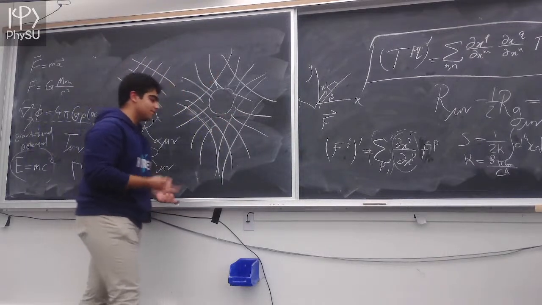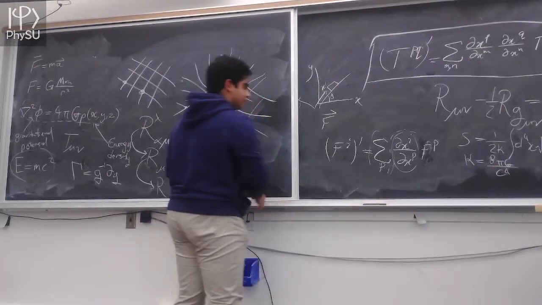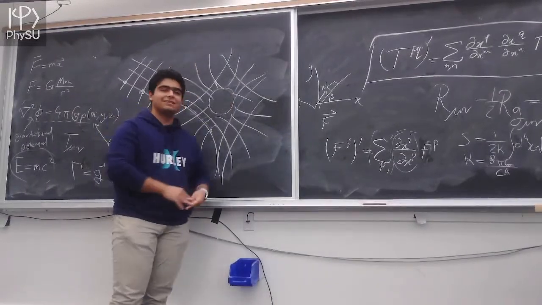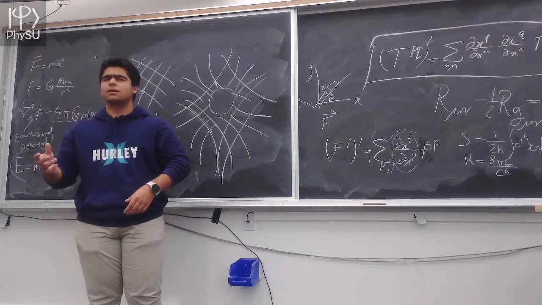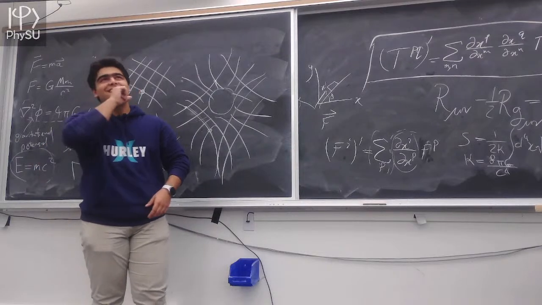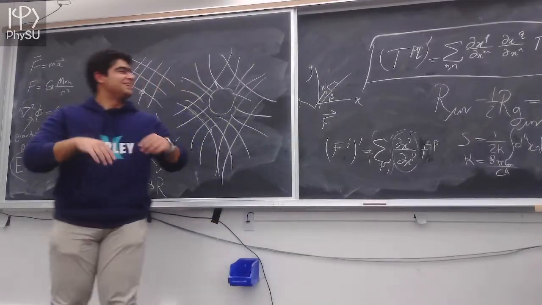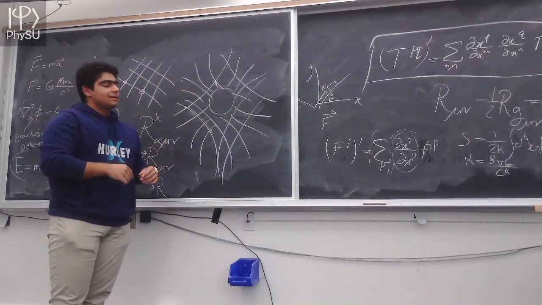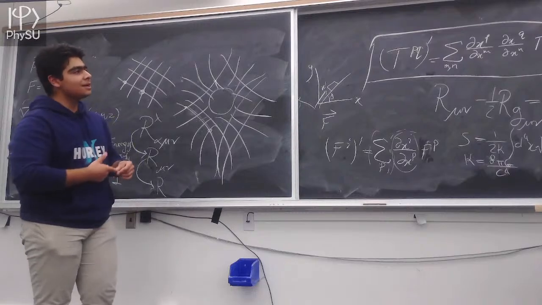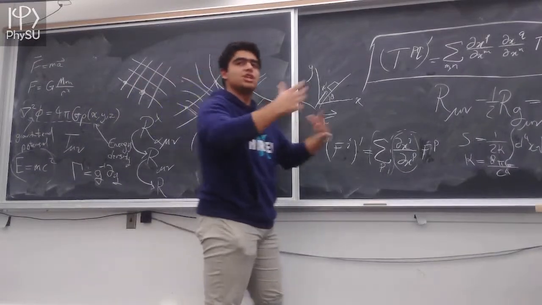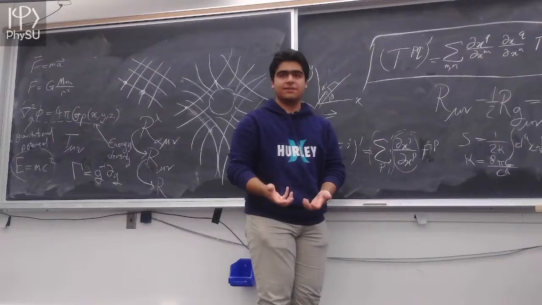An example of a tensor would be the inertial tensor, which relates the angular momentum to the angular velocity. Think about it like a higher dimensional generalization of scalars and vectors.